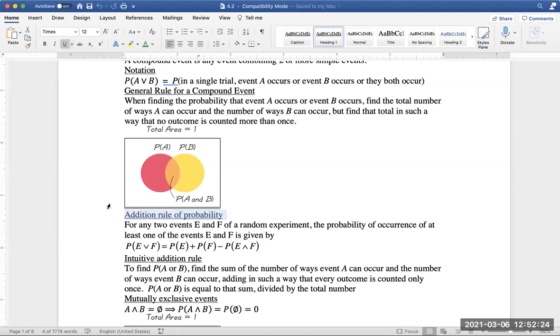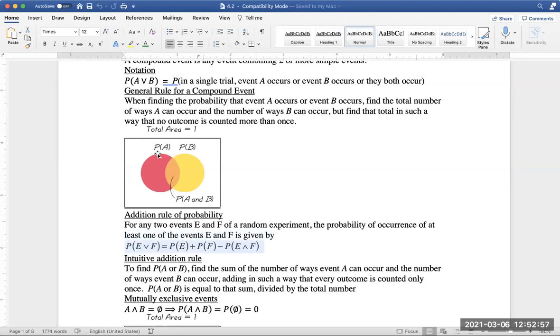So, the addition rule for probability. For any two events, E and F, of a random experiment, the probability of the occurrence of at least one of the events E and F is given as follows. The probability of E or F is the probability of E plus the probability of F minus the probability of E and F, because you counted this overlap twice.